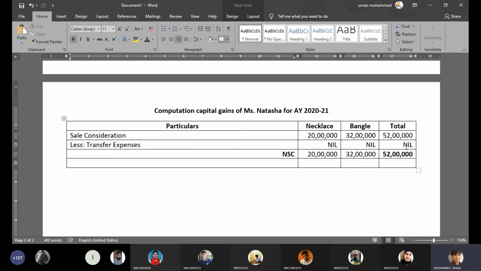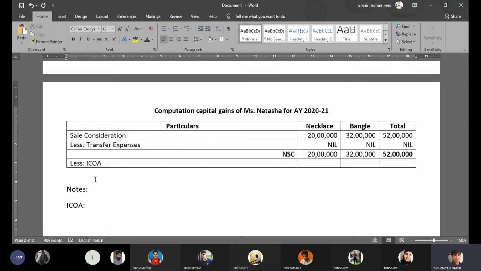Then comes the index cost of acquisition. So, calculation of ICA. You are familiar with the equation to be used now.